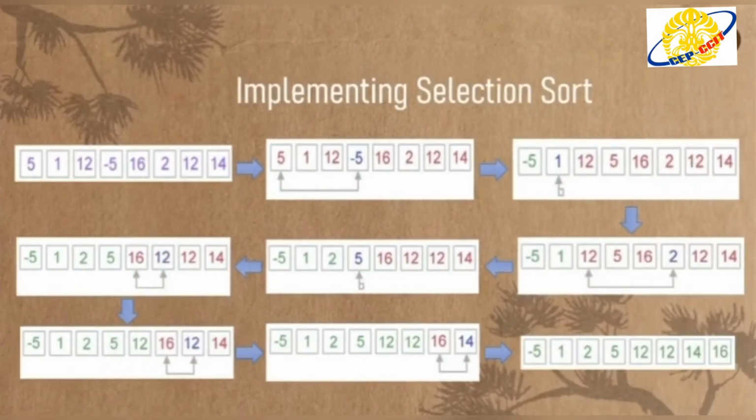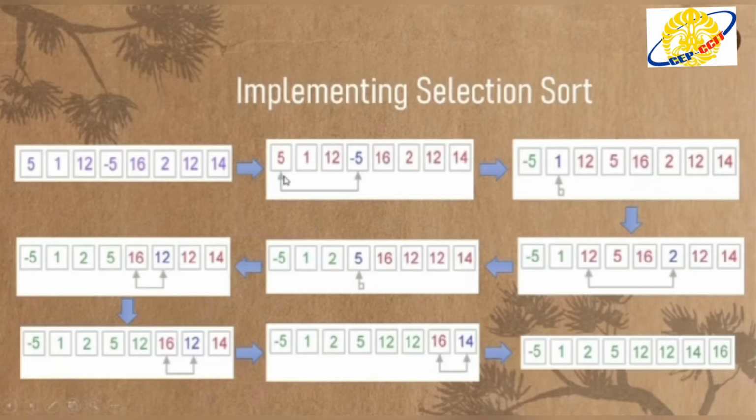The next is implementing selection sort. The first step is to place the array that we will sort using selection sort. Then find the smallest number from the array.